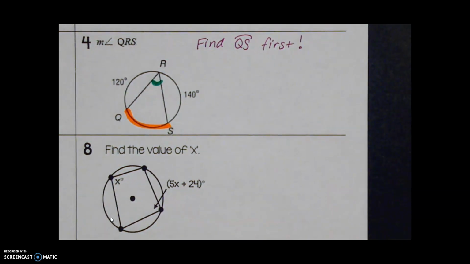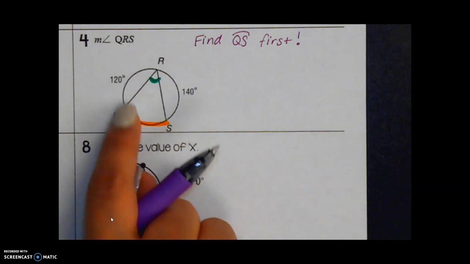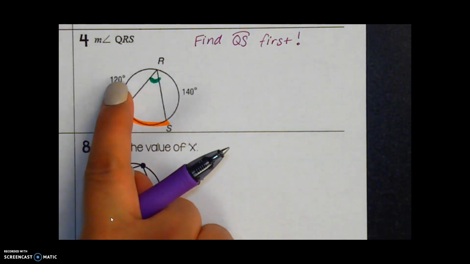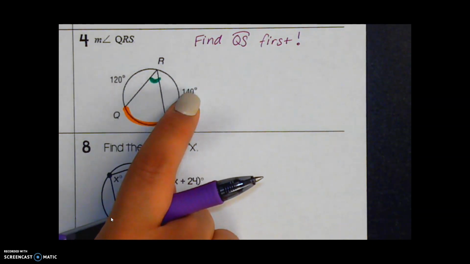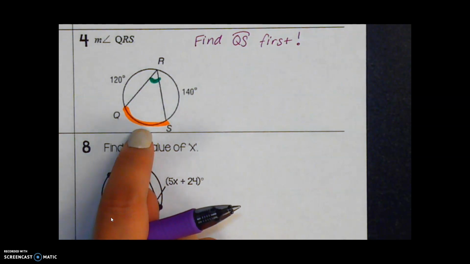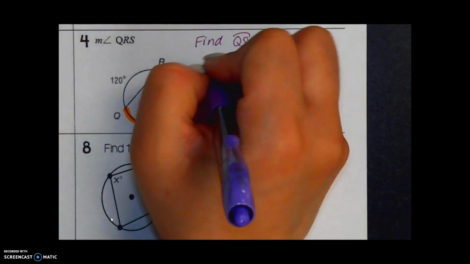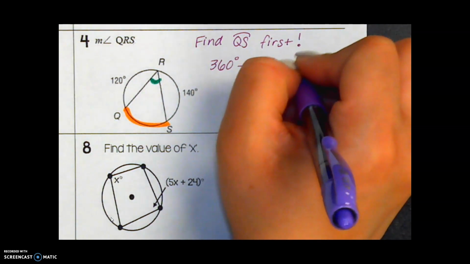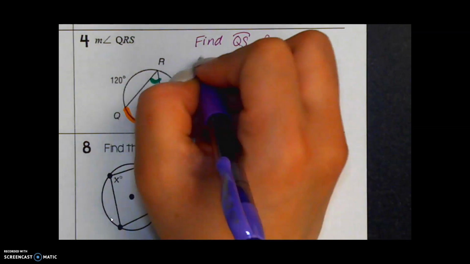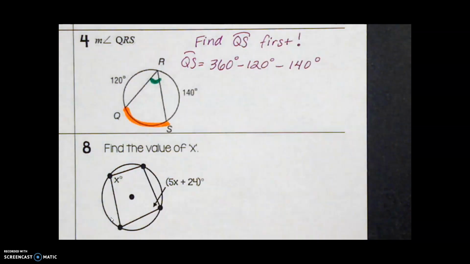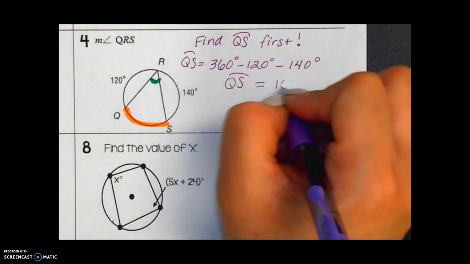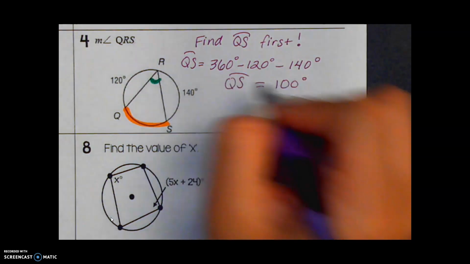The way we do that is we know the whole circle all the way around is 360 degrees. If I have 360 degrees minus 120 minus 140, that'll give me this missing piece right here. So I'll do 360 minus 120 minus 140. When I do that subtraction, I find that QS is 100.